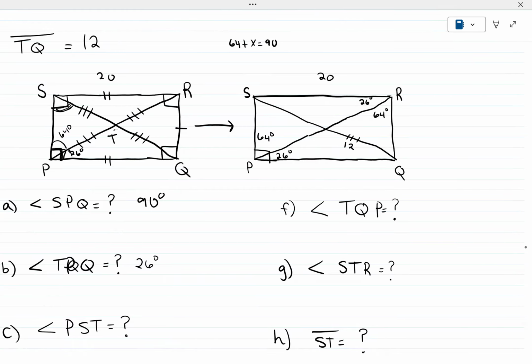I believe it's going to be 64. If you compare this with this, we know that this is 64 and this is 26. That means this angle here is 64, and this angle here is 26 because of alternate interior and alternate exterior angles. And that means PST, this angle here, should be 64.